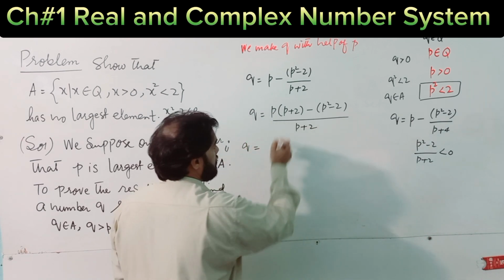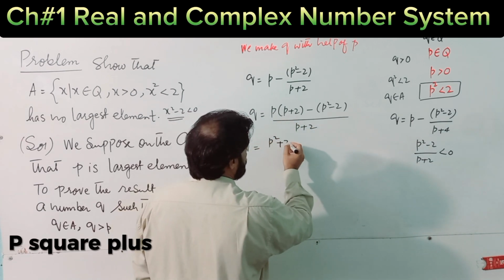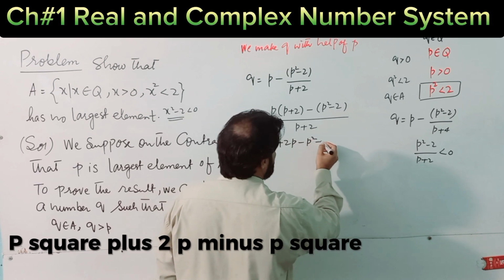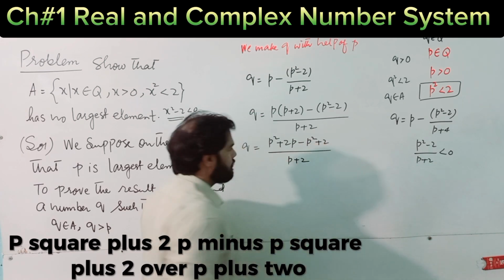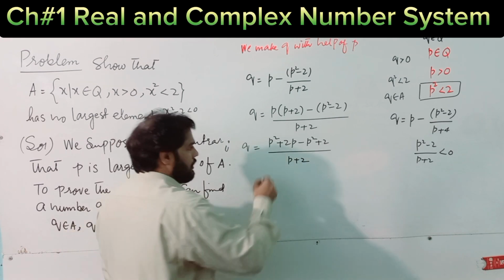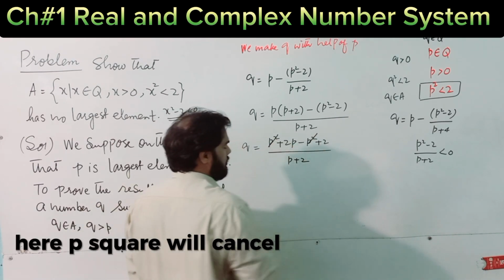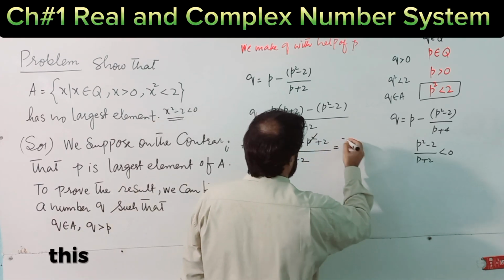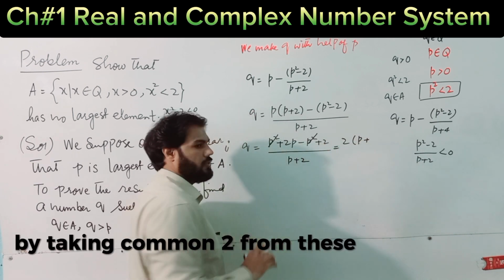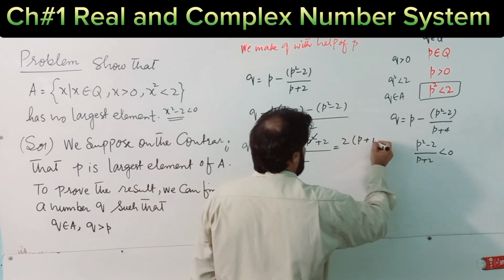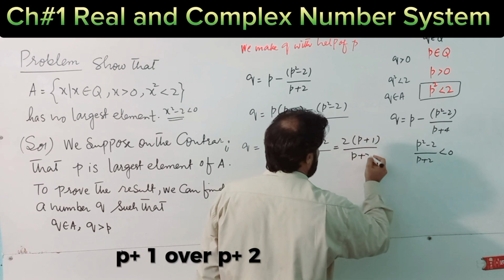This will give us p square plus 2p minus p square plus 2 over p plus 2. Here p square will cancel with p square. This will become 2 times, by taking common 2 from these two terms, p plus 1 over p plus 2.